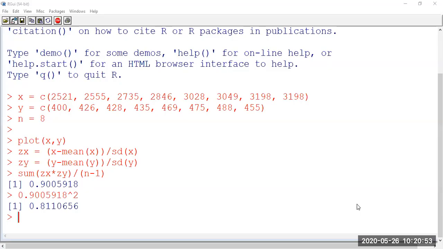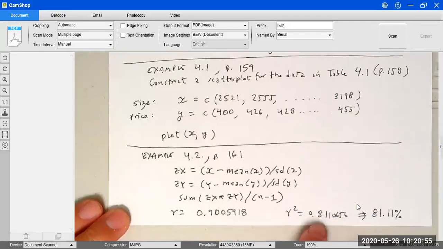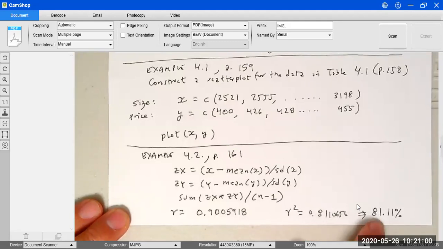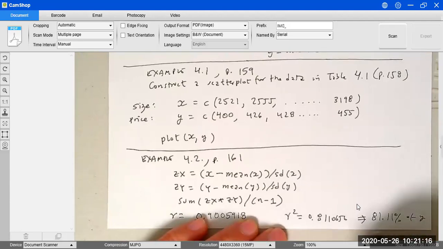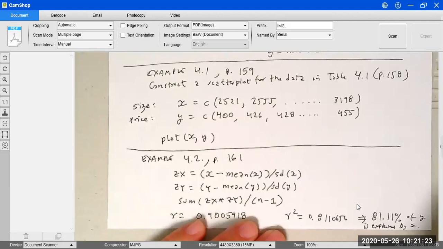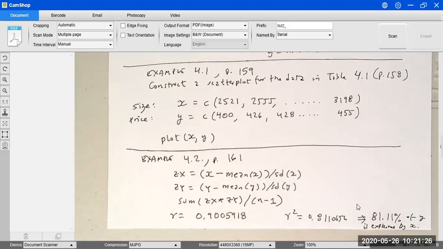So I just wrote here R, then R squared, and then you multiply R squared by 100. In that way you get this value in a percentage form, indicating that 81% of the y's are explained by the x's. So that's the meaning of this. So 81% of y is explained by x.